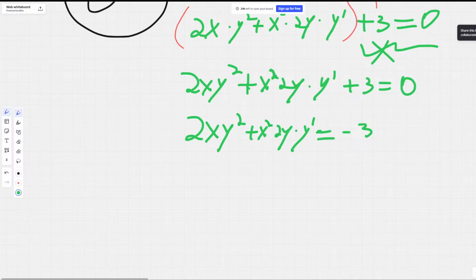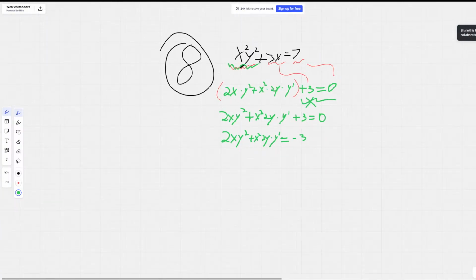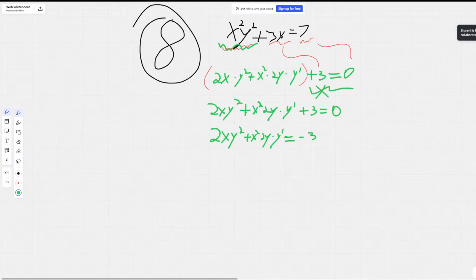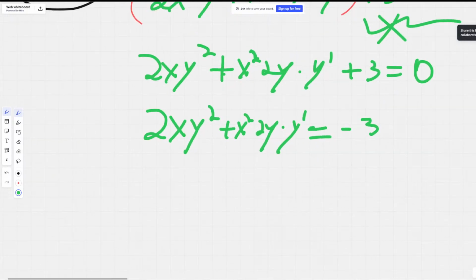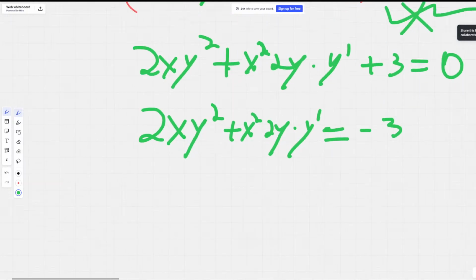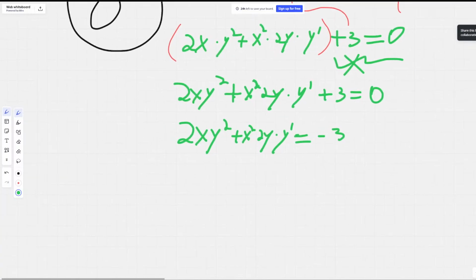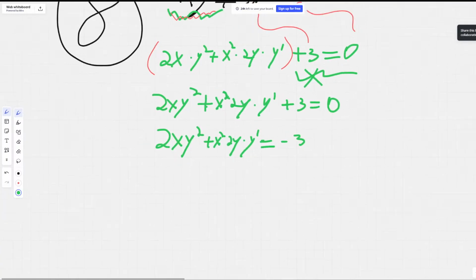Now the funny part is, I don't have what I need to have, which is interesting. Well, as it happens.